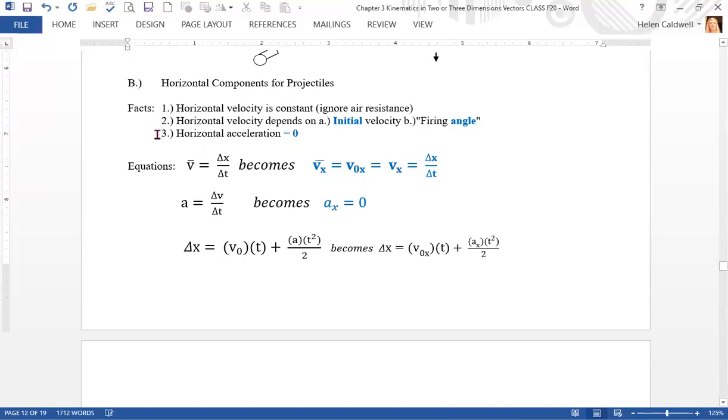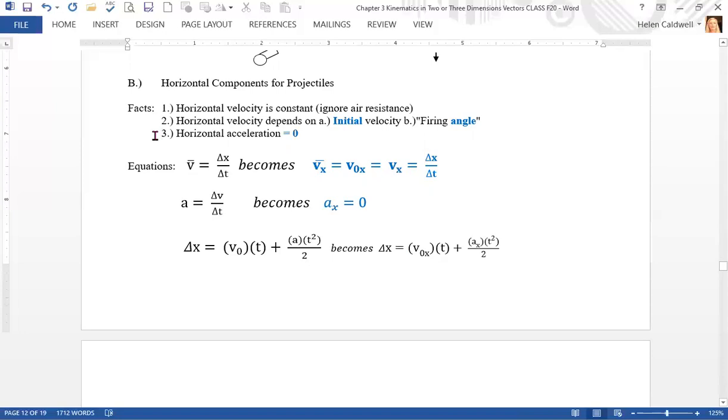The firing angle is the angle the object is released at. We usually measure that with respect to the ground. But you don't have to. You can measure it either way as long as you define it. So it could be with the ground, it could be with some line drawn 90 degrees to the ground.